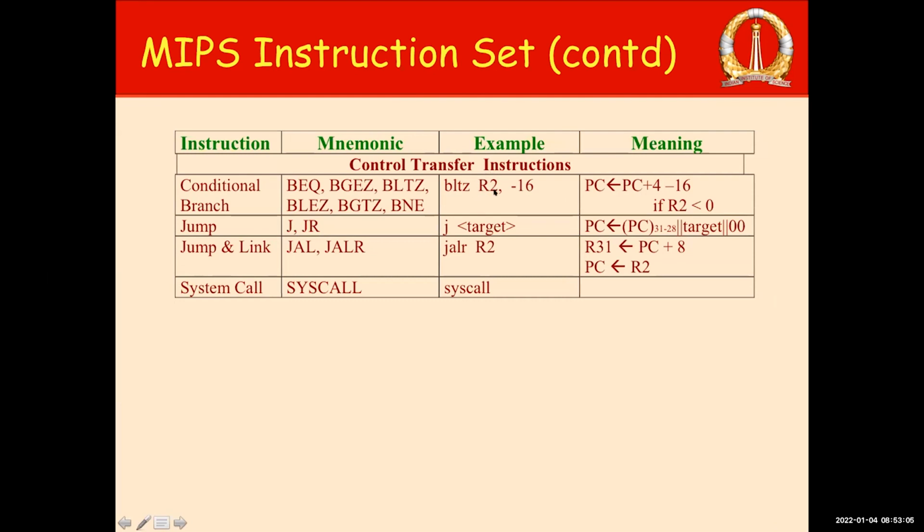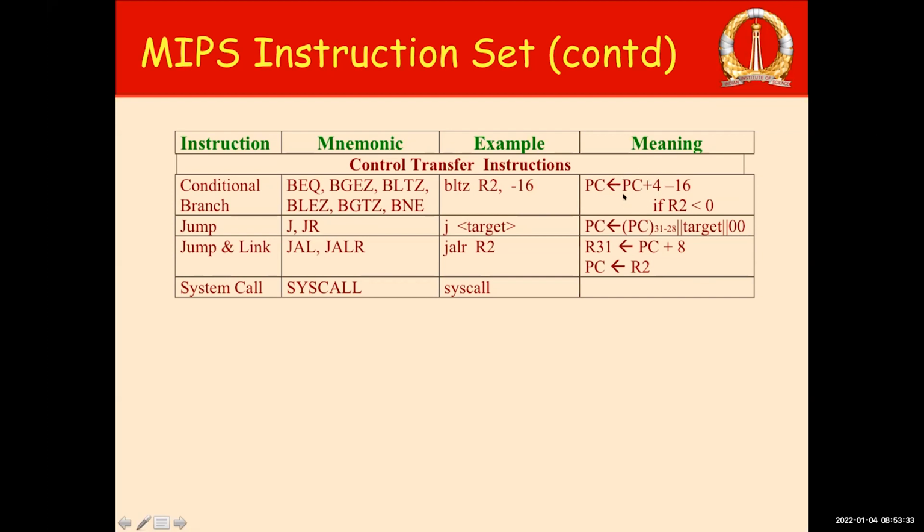So you are checking the contents of R2, and if the condition is true, the branch happens with regard to the current program counter value with an offset of -16. The program counter is added with the value -16, and that will become the new program counter value if the condition is true. If the condition is false, it will simply remain as PC plus 4.